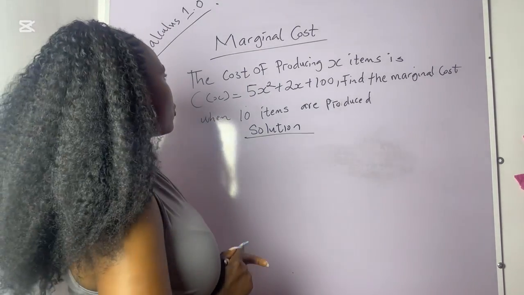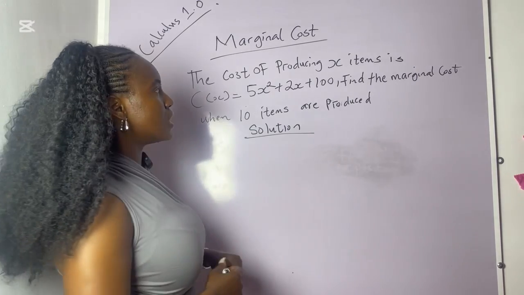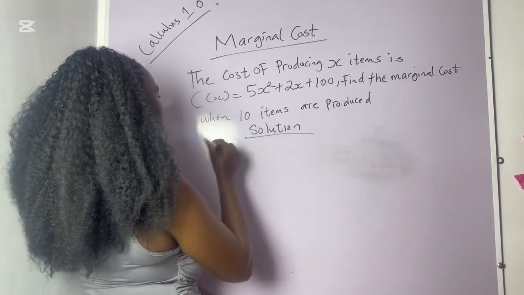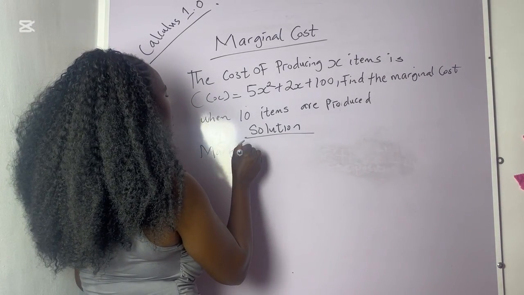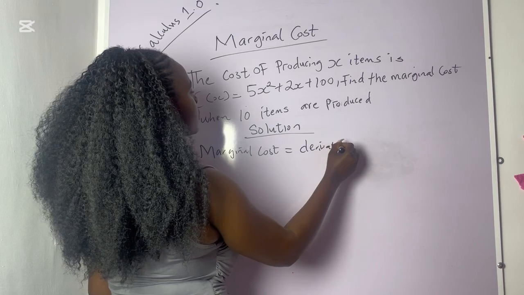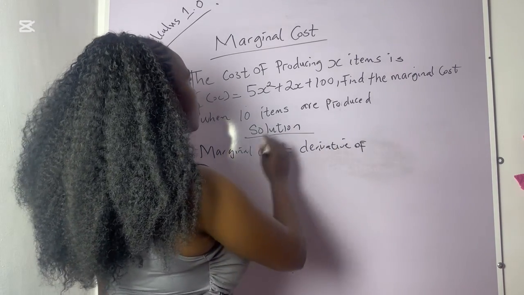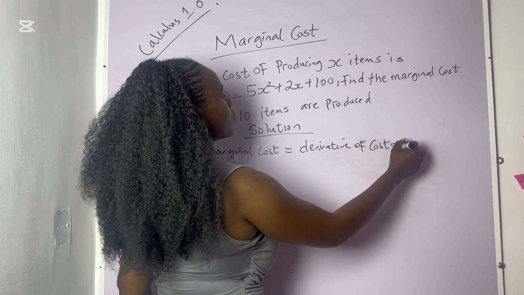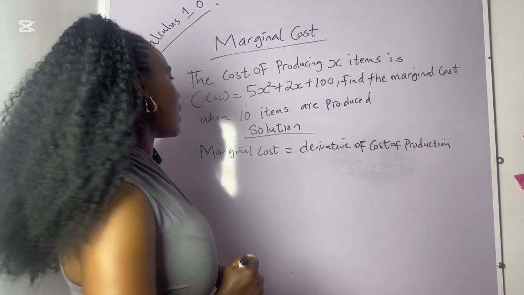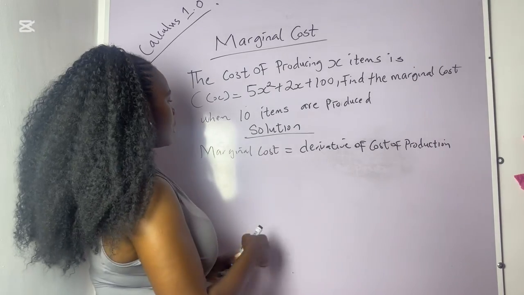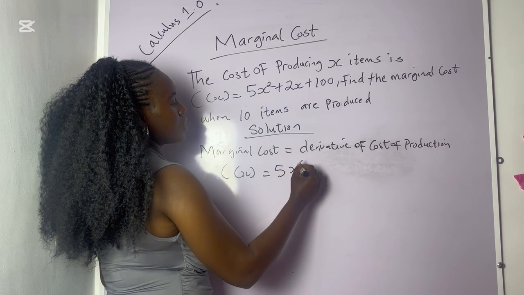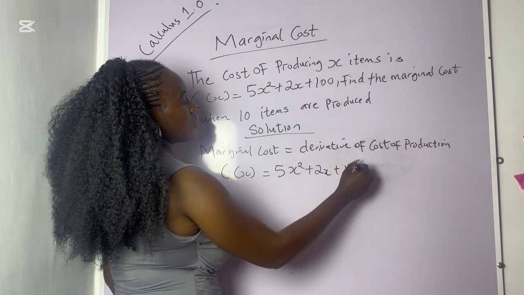Solution. Now, I want to find the marginal cost. Marginal cost is the derivative of the cost of production. Marginal cost is equal to the derivative of the cost of production, and the cost of production is given as C of x equals 5x squared plus 2x plus 100.